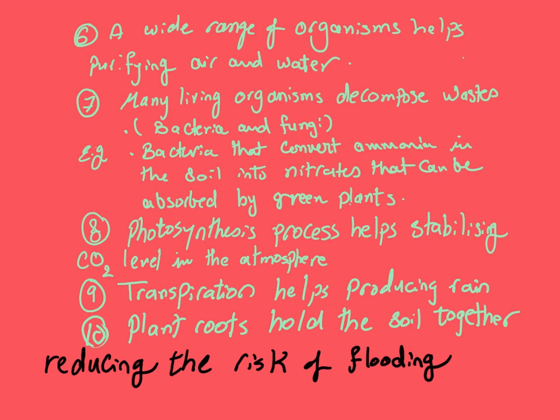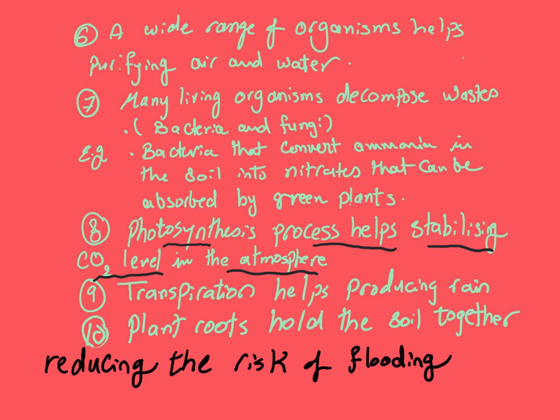Another importance of studying biodiversity is photosynthesis. The photosynthesis process helps stabilize the carbon dioxide level in the atmosphere. You know that green plants carry out photosynthesis, absorbing carbon dioxide and releasing oxygen. In this way, they help to stabilize the concentration of carbon dioxide in the atmosphere.